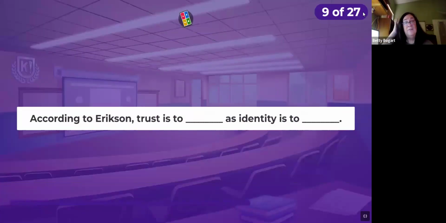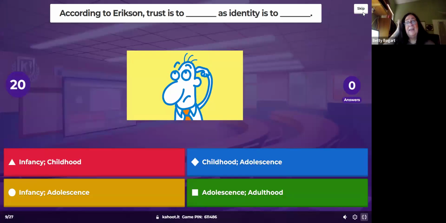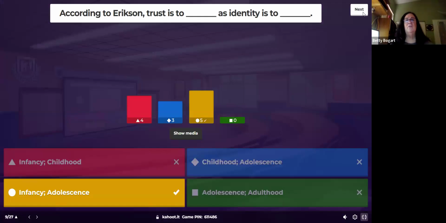According to Erikson, trust is to blank as identity is to blank. So, what are Erikson's levels here? Do you know them? You need to know the names. Well, first of all, we know trust is an infant.